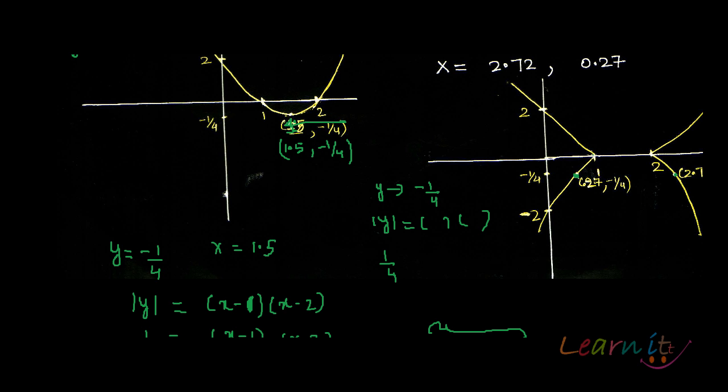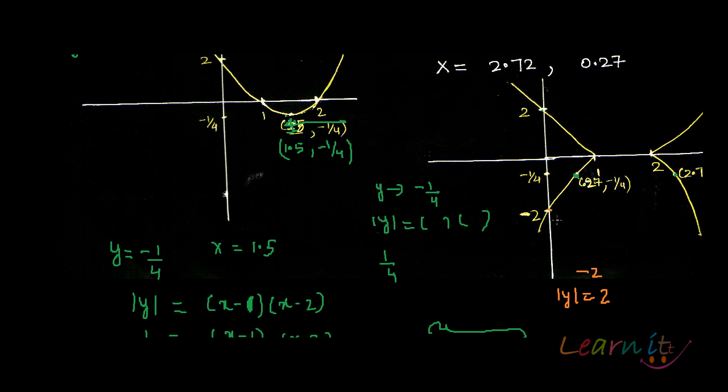So what is essentially happening is that when y is 2, x is 0. When y is minus 2, then also x will be 0, because when y is minus 2, mod y is 2.